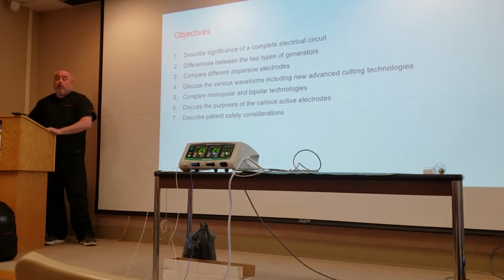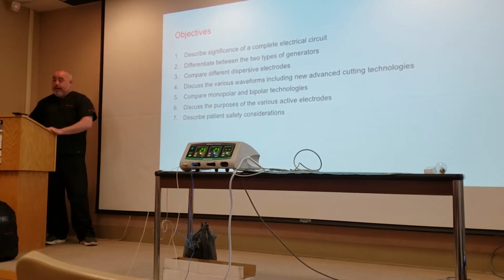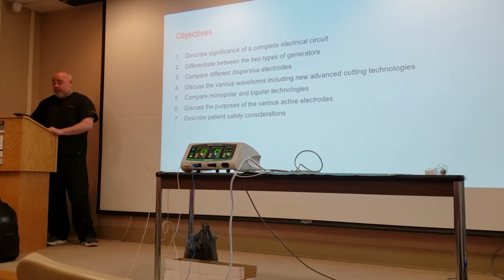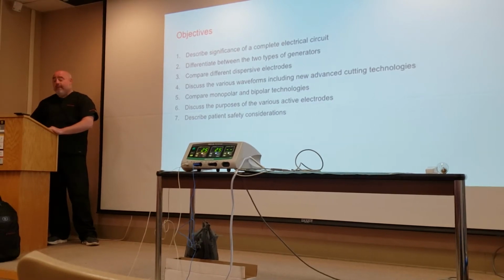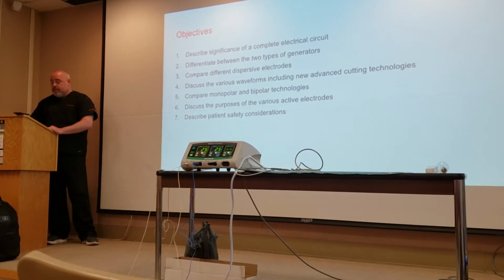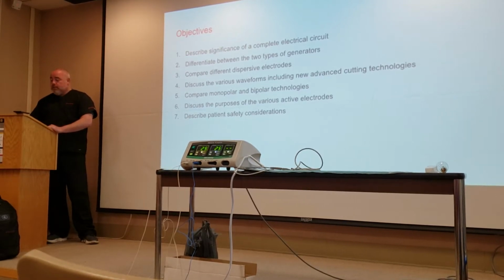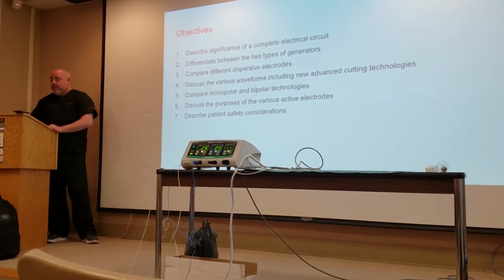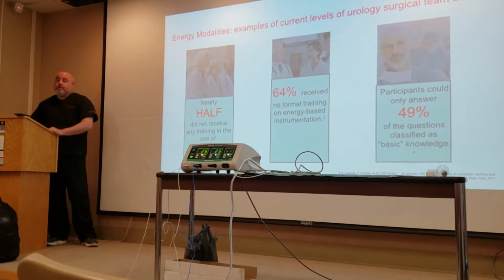These are what we would call return pads or grounding pads, and I'll tell you why the proper term also is return pad. Discuss the various waveforms, including the advanced forms of energy we're using in the operating room today, comparing monopolar and bipolar technologies, the purpose of active electrodes, and then finally some patient safety considerations.